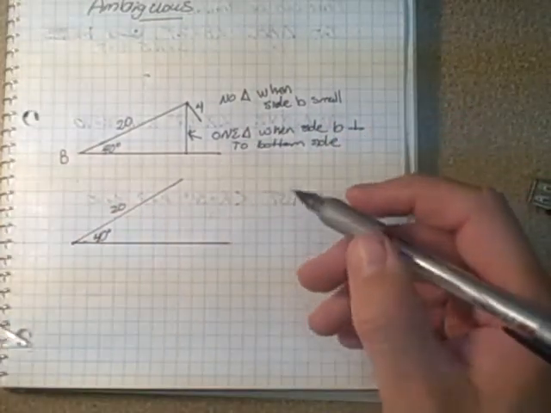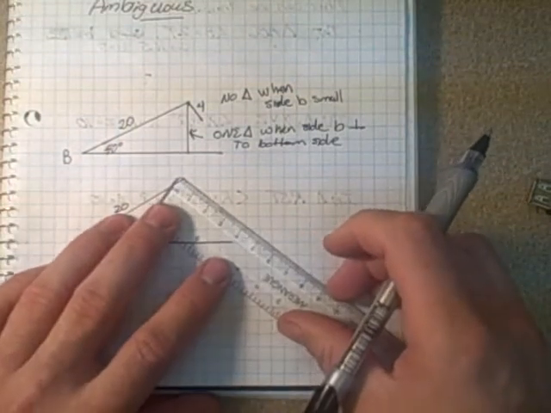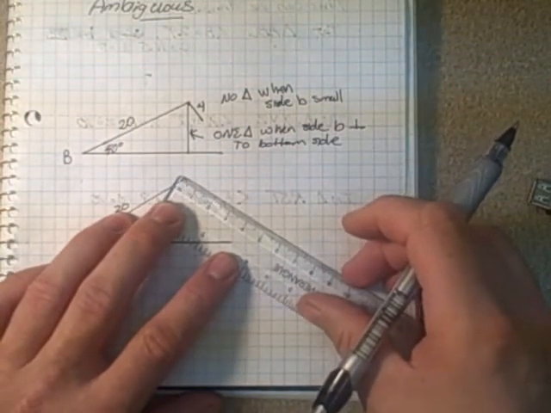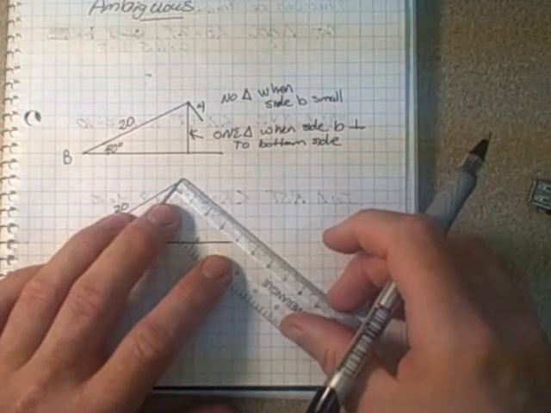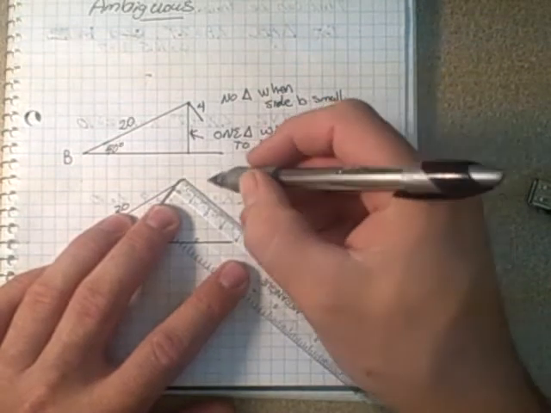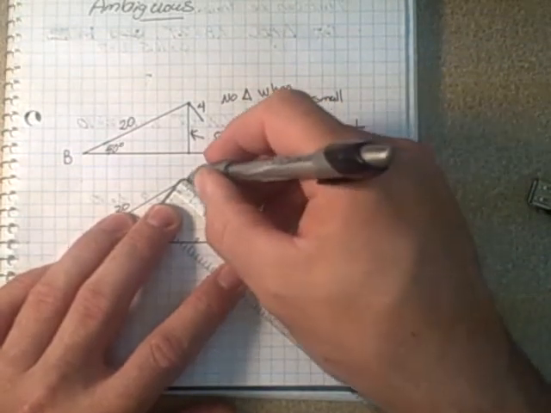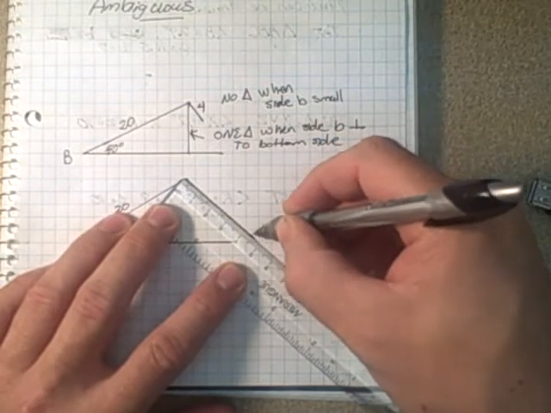Let's say I use my ruler and have it at exactly 4.5 centimeters, and it touched the line there.